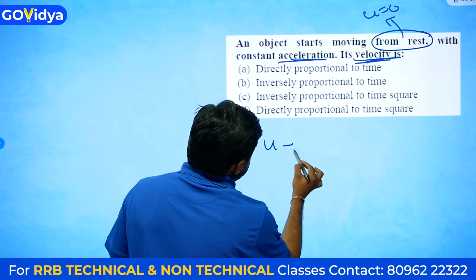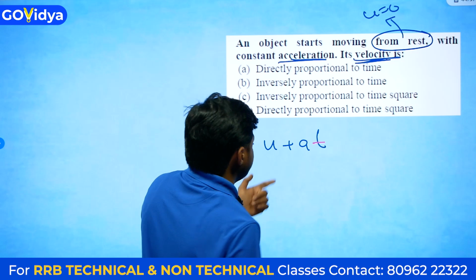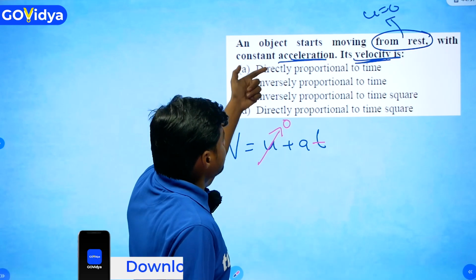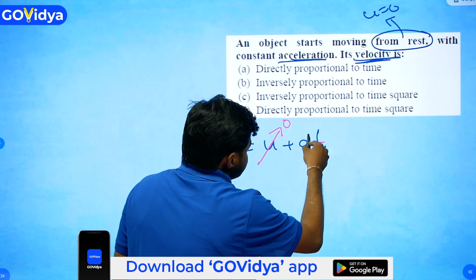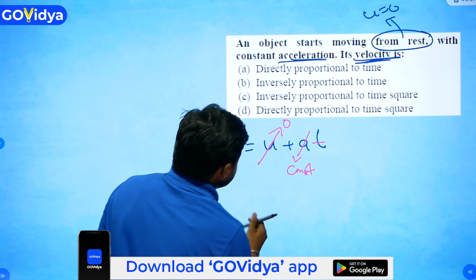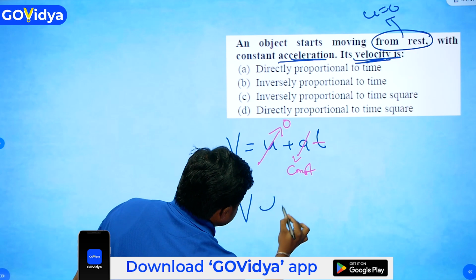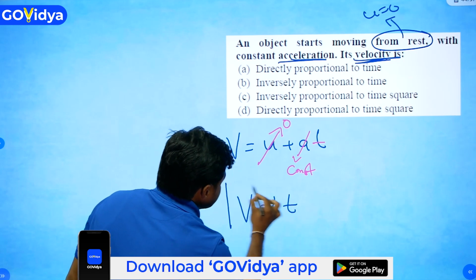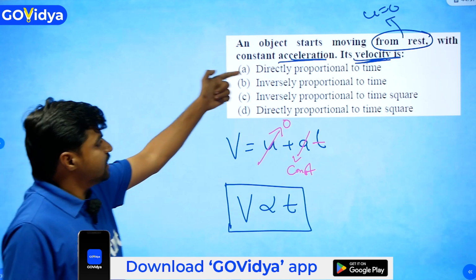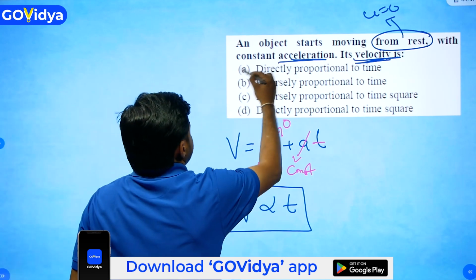Initial velocity is 0, so this term will become 0. Acceleration is also constant. We can write V is directly proportional to time. From the options, option A is the correct answer.